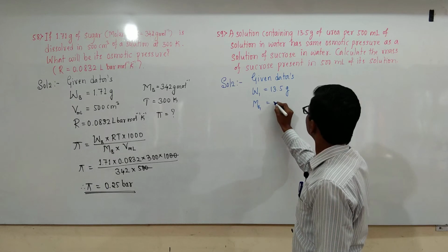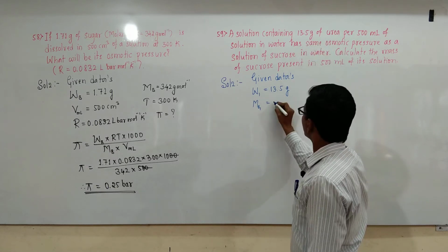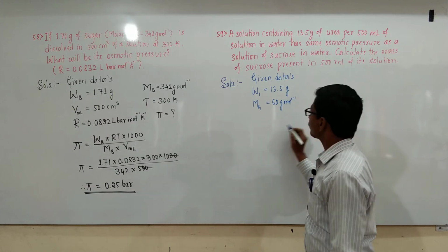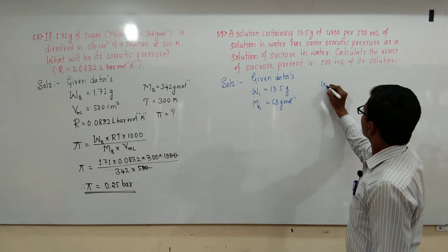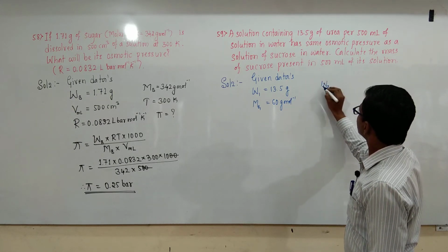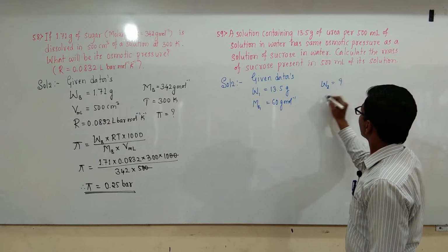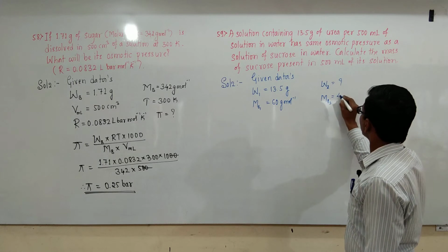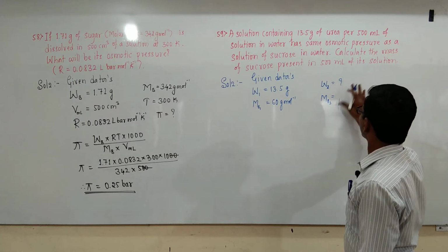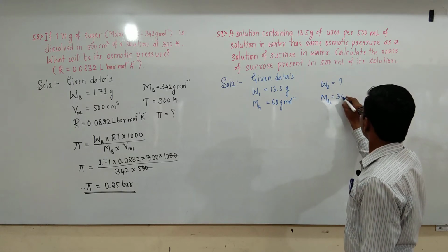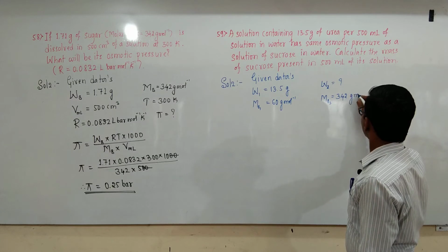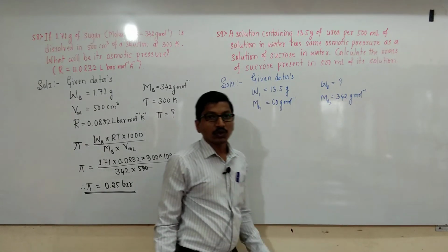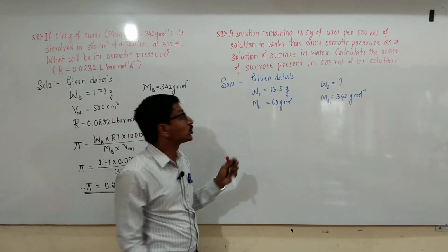MB1, W1 is nothing but urea, and its molar mass is 60 gram per mole. W2 is to be calculated and molar mass of sucrose is 342 gram per mole, and this is based on isotonic solution.